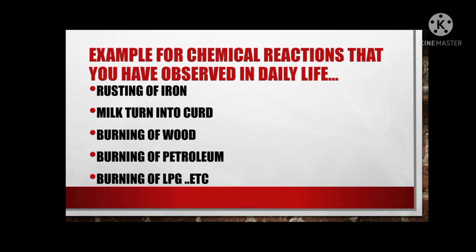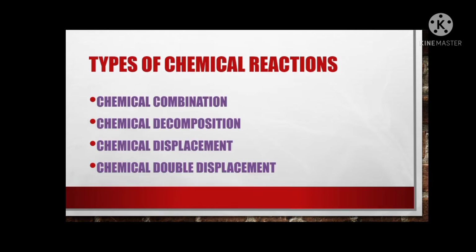And we come across many examples in day-to-day life which are chemical reactions. For example, rusting of iron, milk turning into curd, burning of wood, burning of petroleum, burning of LPG, etc. Let us know about the types of chemical reactions.